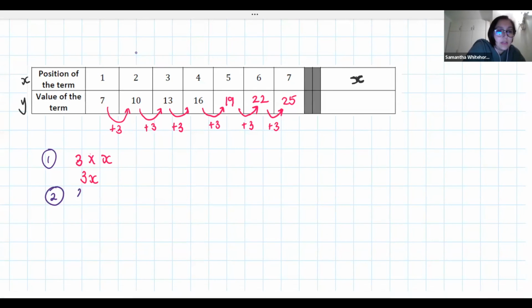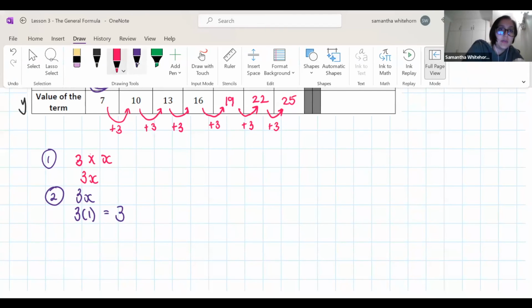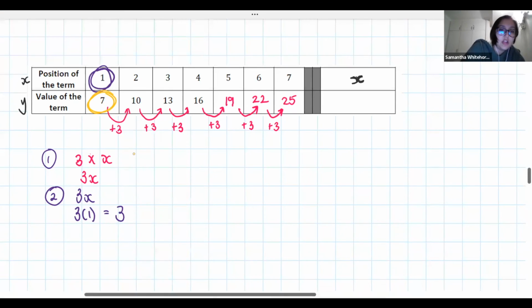So if I take 3x and use my first input of 1, and substitute that in place of x, I get a product of 3. But have a look, if you go back to the table, that is not the output you want. The output you want is 7. So how do I get from 3 to 7?